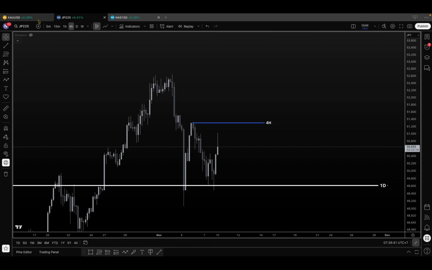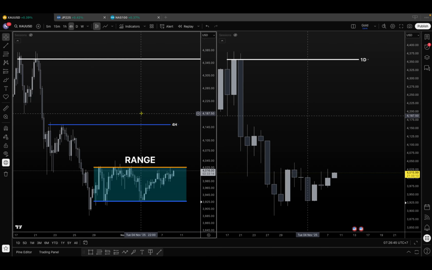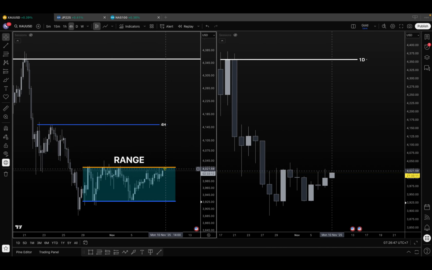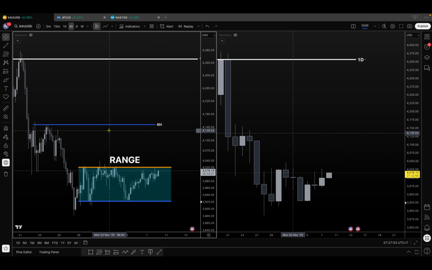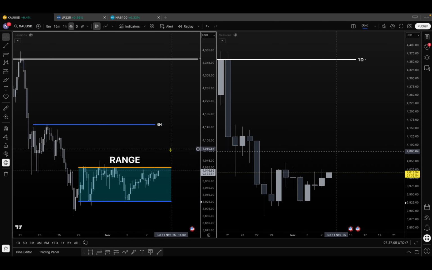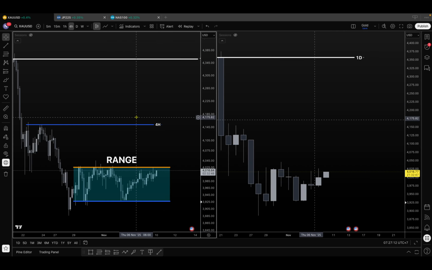Gold, on the other hand, is reaching the top of the range, so I will not do any trade. If it breaks, then it has the potential to go here to this 4H level, maybe higher than this daily level, but we have to wait.